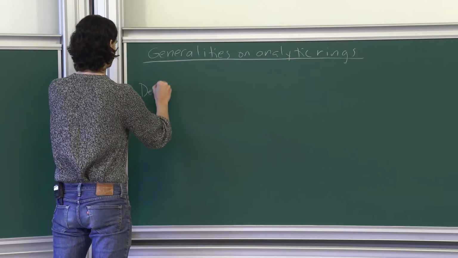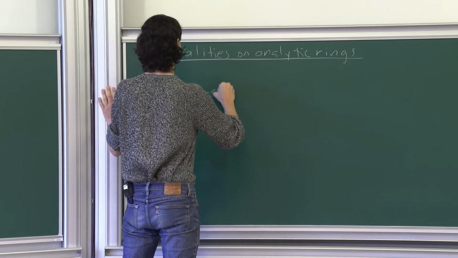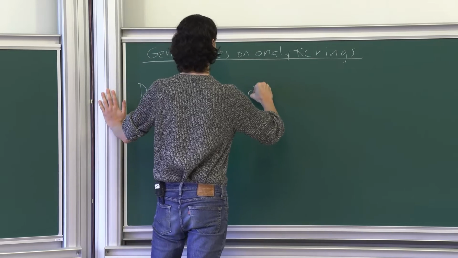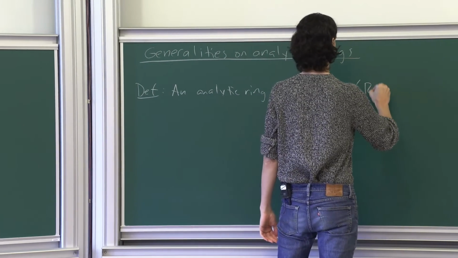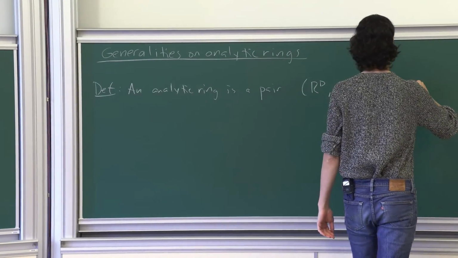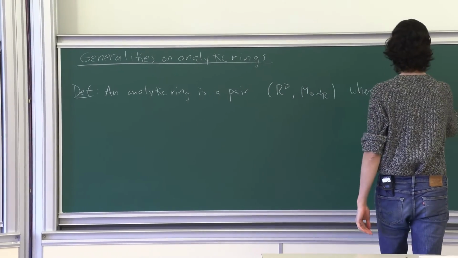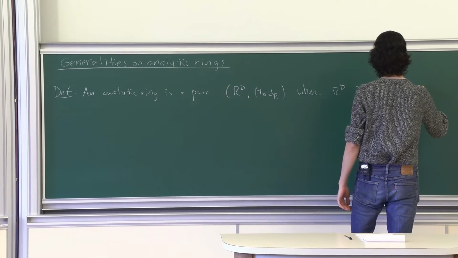An analytic ring is a pair (R triangle, mod R), where this R triangle is a condensed ring, commutative, say.